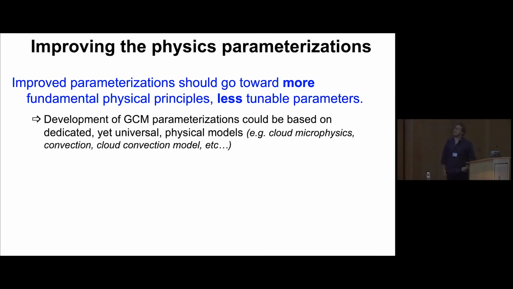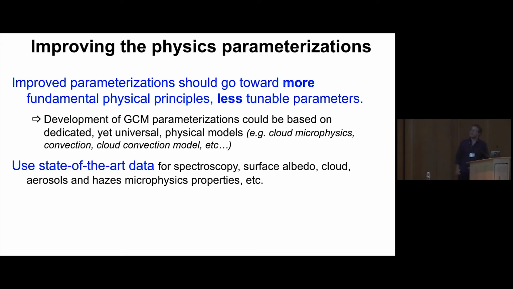The second thing I would like to emphasize is that we also need to improve our knowledge of input data that we use in these GCMs, such as spectroscopy data, surface albedo data, cloud and aerosol properties, microphysics, etc. And I would like to show you just one example to show how important this kind of input data in the GCM can be. I will focus on two studies that have been published.